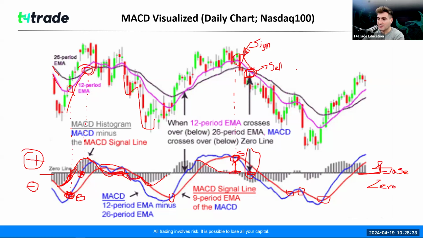Now, the question arises, when do you exit this trade while using the moving average convergence divergence? Some people like to use the first initial crossover in the opposite direction. Obviously here you see the MACD line crossing below the signal line, a bearish signal.